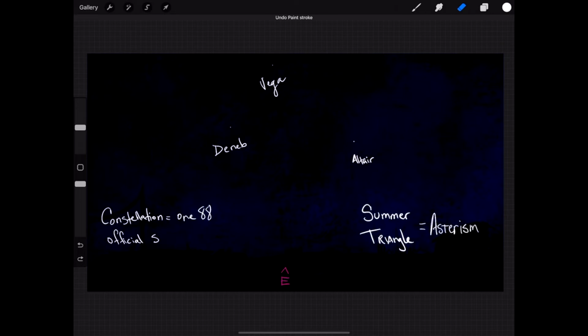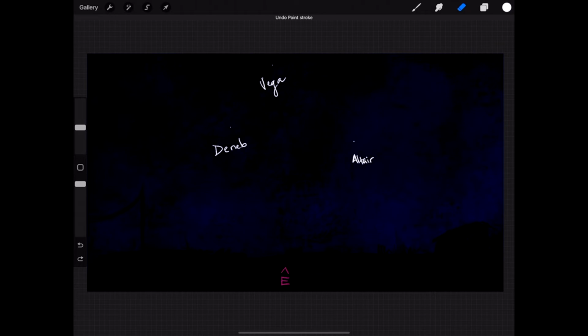It's a little bit distracting. Probably should have put that on a separate layer. That way we could have just removed it with one click. We'll try that next time. Take away the star names. There we go. All right, so there's our triangle all by itself.